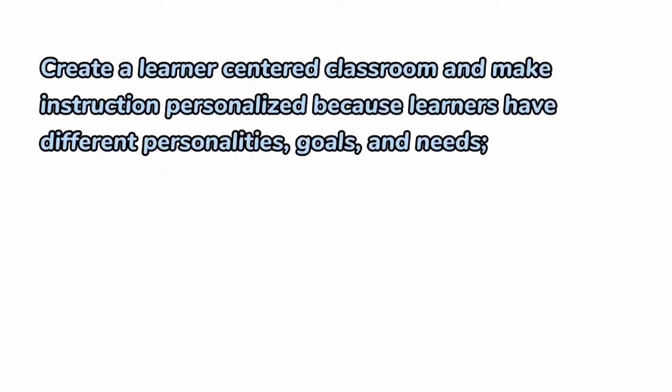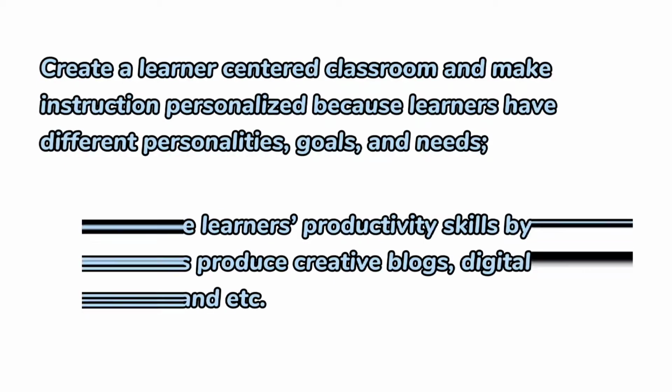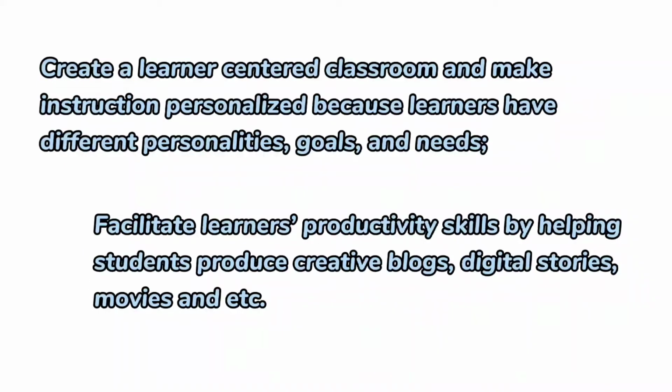A learner-centered classroom can make instruction personalized because learners have different personalities, goals, and needs. Helping students produce creative blogs, digital stories, and movies that are helpful to enhance their mathematics and science proficiency. Next is learn new technologies.